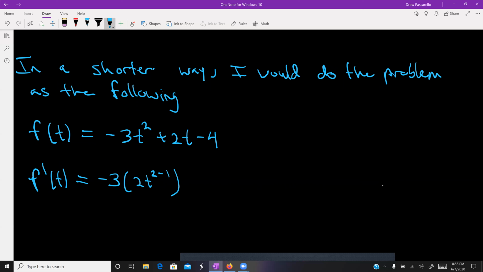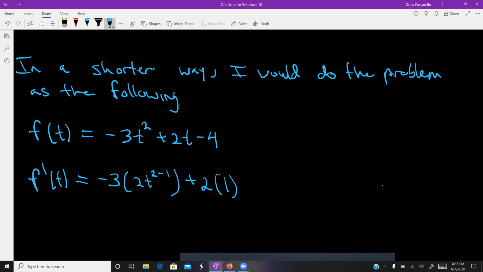And then the middle term, plus 2 times t, I factor out the 2 because of the constant multiple rule and worry about taking the derivative of just t. Well, the derivative of just the variable t turns into 1, because that's the special case of the power rule. And then the last term's just a number. It's just a constant.